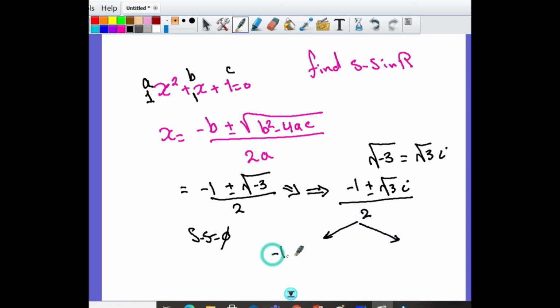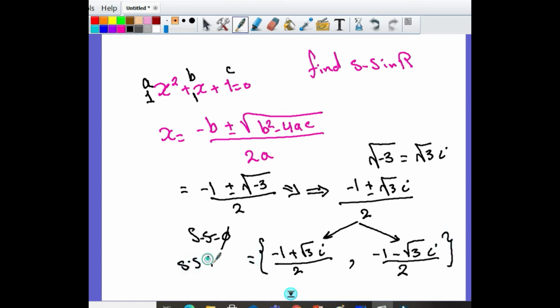The first one, negative 1 plus root 3 i over 2, and the other one, negative 1 minus root 3 i, all divided by 2. And this is the solution set inside the complex numbers. So the solution set in C. C here means the complex numbers.